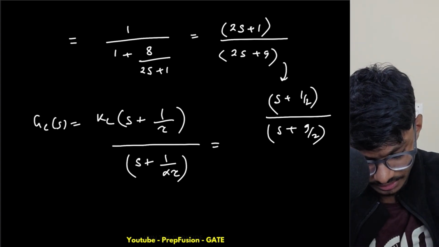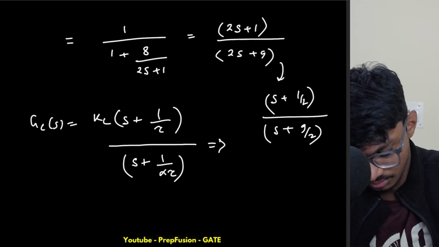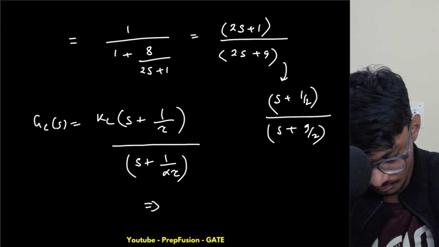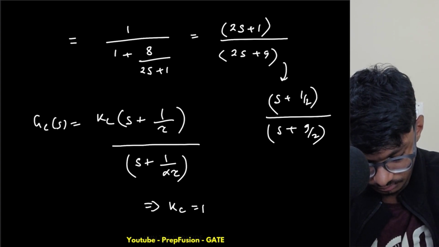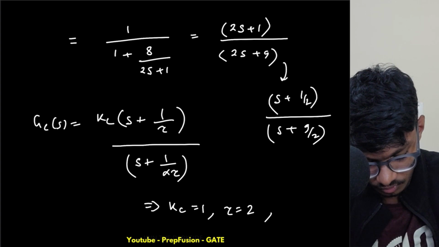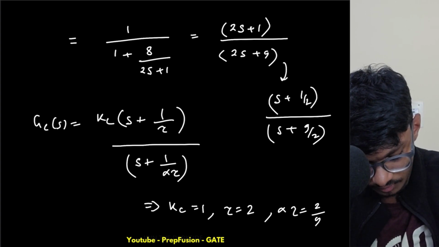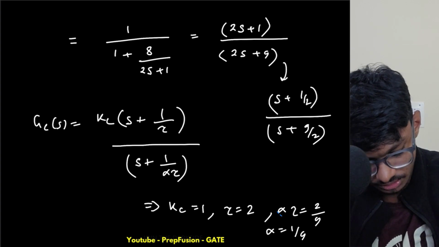Now if I compare, my Kc will be equal to 1 and tau will be equal to 2. Alpha tau is 2 by 9, so my alpha will be 1 by 9, which is fine because alpha should be less than 1, which is satisfied.